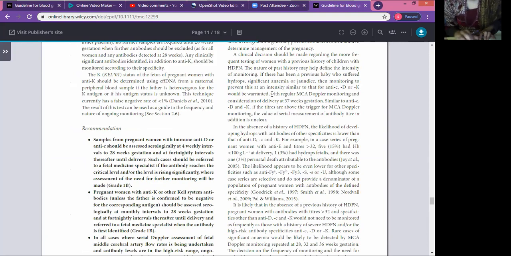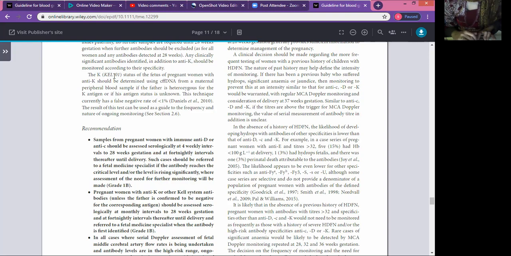And with special reference to the KEL antigen, there is another thing regarding the KEL star 01 status of the fetus. The status of the fetus of pregnant women with anti-K should be determined using cell-free fetal DNA from a maternal sample if the father is heterozygous for the KEL antigen, or if his antigen status is unknown.